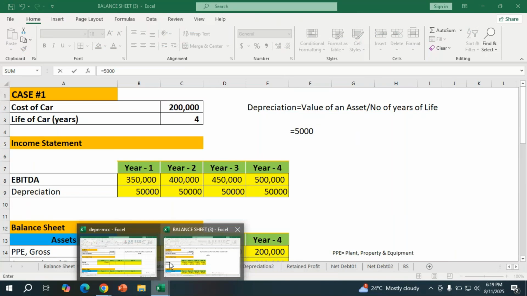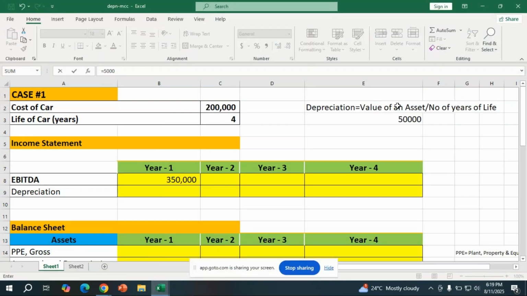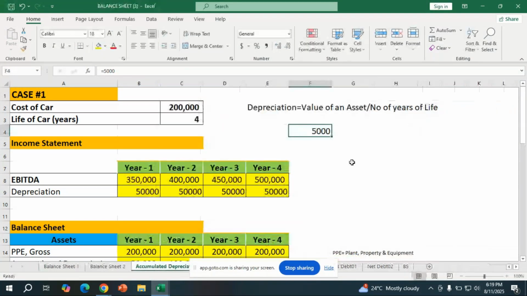Okay, so here value of asset is 2 lakh divided by 4, because the life is 4 years. One second, my error is here. 2 lakh.